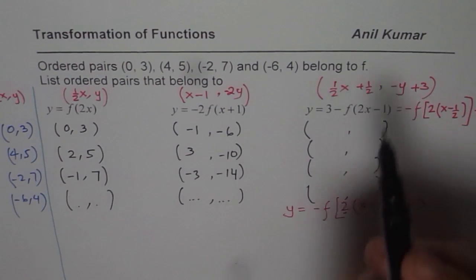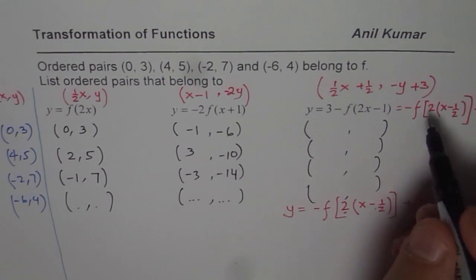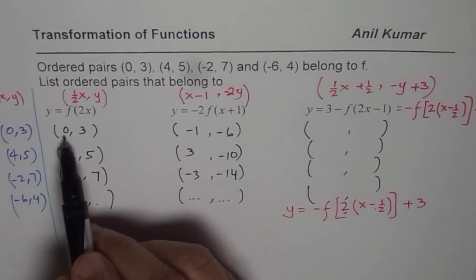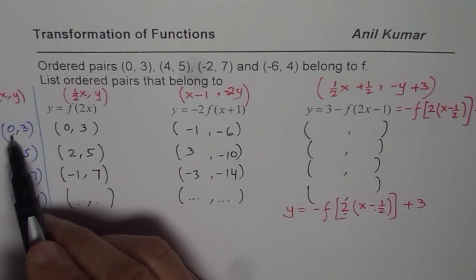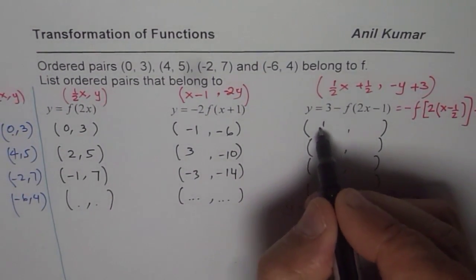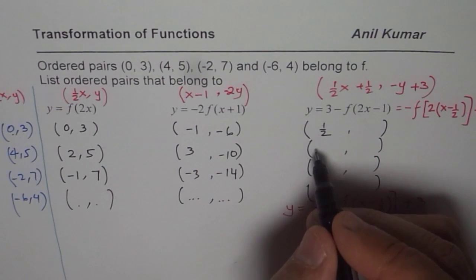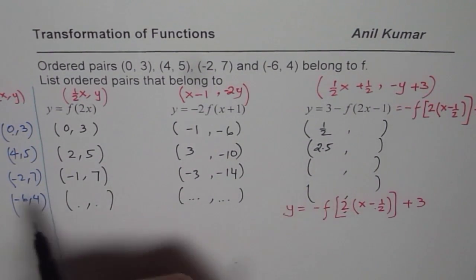Here it is. So the x values should be divided by 2 and then add half. If I divide 0 by 2, we are working on these values, correct? Then you get 0, and when you add half, you get half. Half of 4 is 2, and when you add half, you get 2.5. Let me write 2.5 here. 0.5 I'm adding, right?